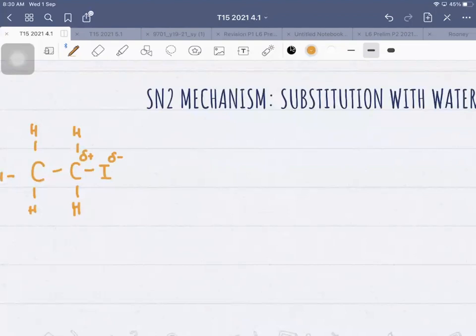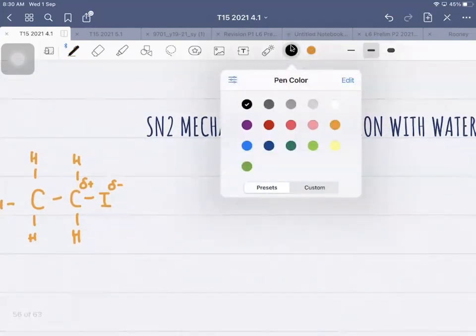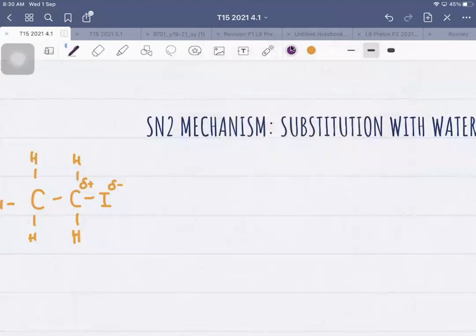So carbon will develop a delta plus and iodine will develop a delta minus. And then there's your nucleophile, which is your water. You must draw the lone pair. If you don't draw the lone pair, then what are you moving? Okay, you need to show electrons moving.